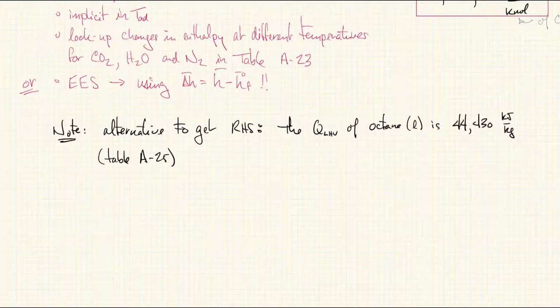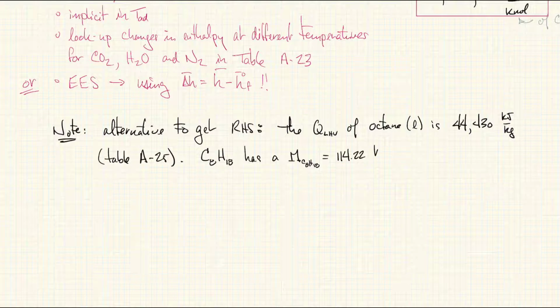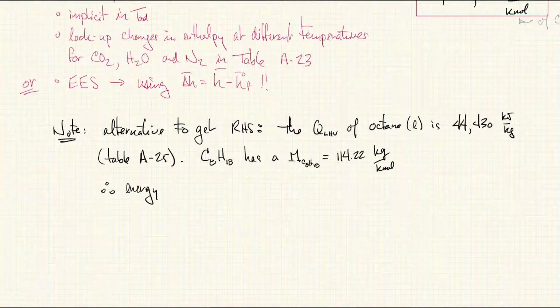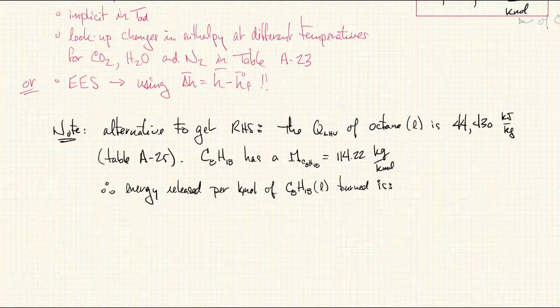An alternative method for solving these types of problems, which makes the computation of the right-hand side a little bit easier, is to look at the lower heating value of the fuel. Lower heating value meaning that we're looking at the energy released when all of the products are in gas phase and none of the water is condensed. If you condense the water, you release more heat, and hence that would give you the higher heating value, HHV.